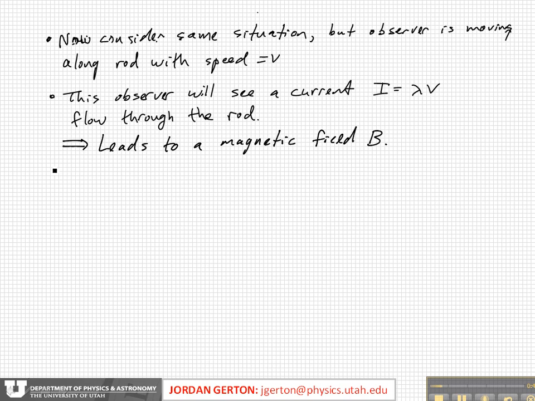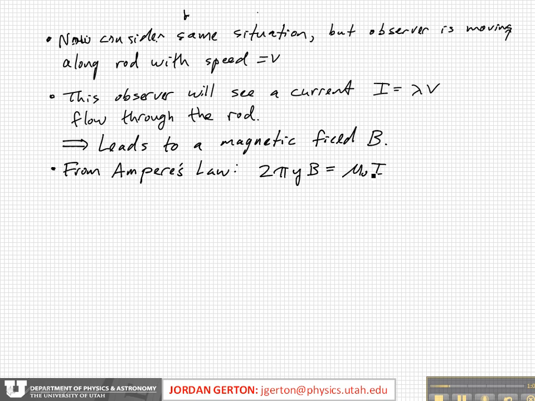Okay, so now from Ampere's law, what we're working towards is to compare the acceleration in these two reference frames. From Ampere's law, we get an expression that relates the magnetic field with the current.